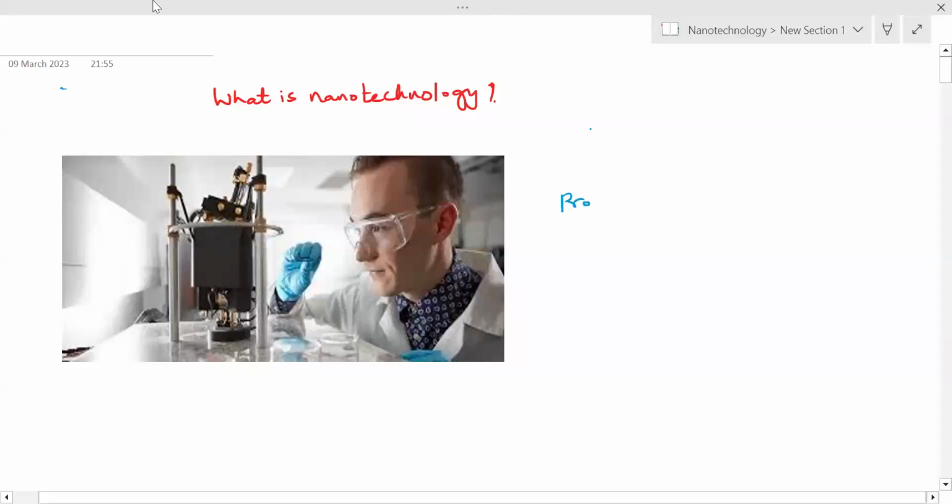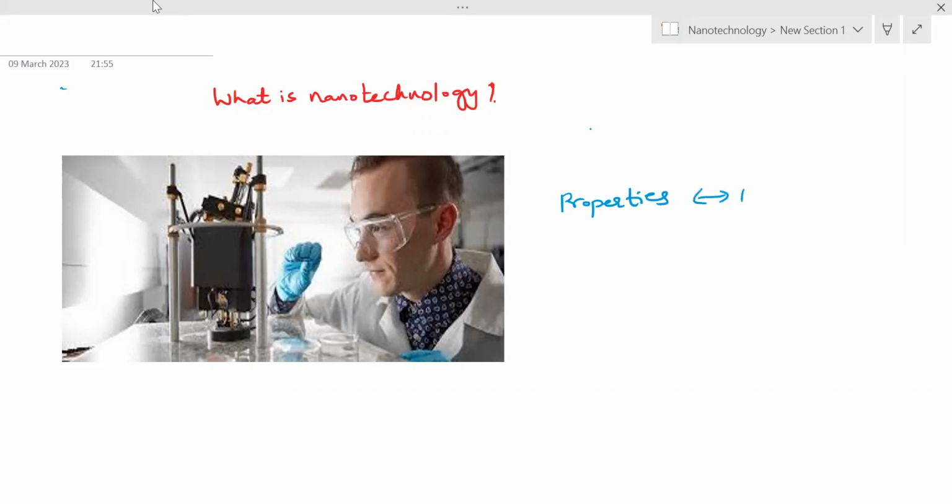So nanotechnology is basically the study of synthesis, design, and applications of nanomaterials.